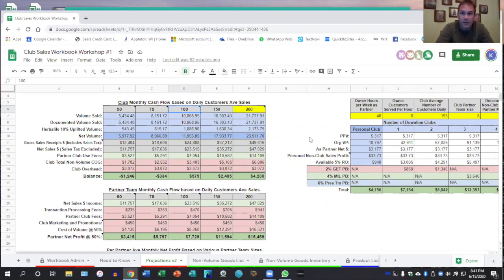When we get 125, it's going to go to this. When it's 150, it's going to go to this. Okay, so you are decreasing the partner fee percent of sales based on club productivity levels. Correct. And so if they hit 150 on average a day for one month, but the next month they average 149, then it's back down to that other rate. Yep. If it goes down, then it goes back up. Absolutely.